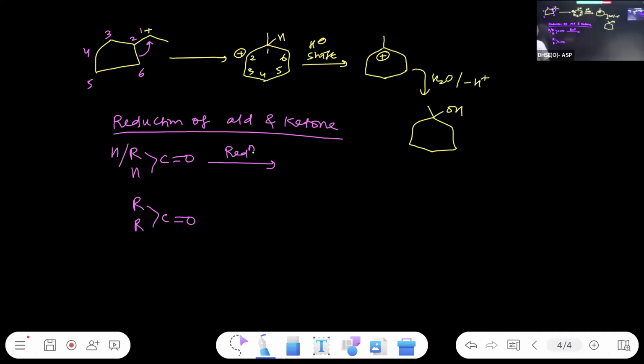Carbon oxygen double bond will break. So when the double bond breaks, it will be alcohol.